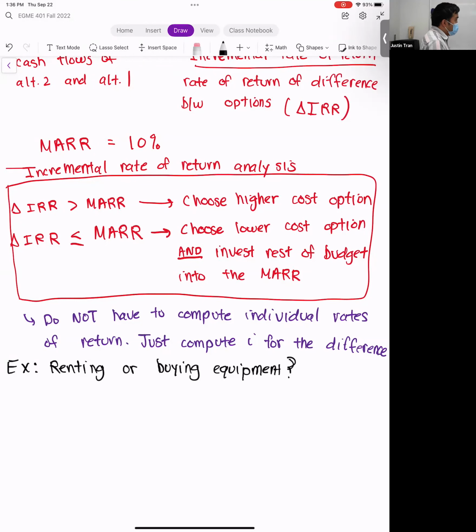And you can use incremental rate of return analysis to determine what would be best for the company. Okay. So for this particular example, this engineering company needs some additional equipment to bolster production.